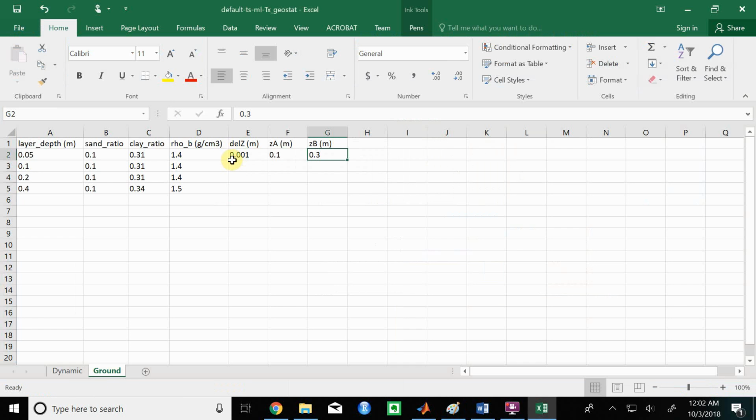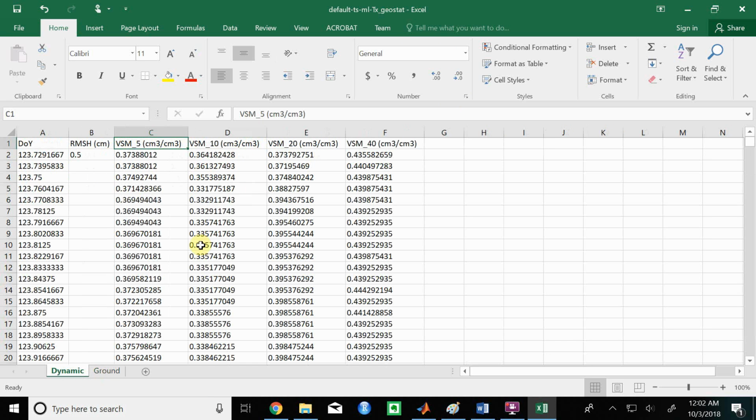Okay, so that does it for this. That is the inputs for a multi-layer time series input. So again, to recap, since this is a time series, we add in 1 column at the front. Since it's a geostationary satellite, we take away those 2 columns that define our theta and phi value, and we just carry on with our RMS height.